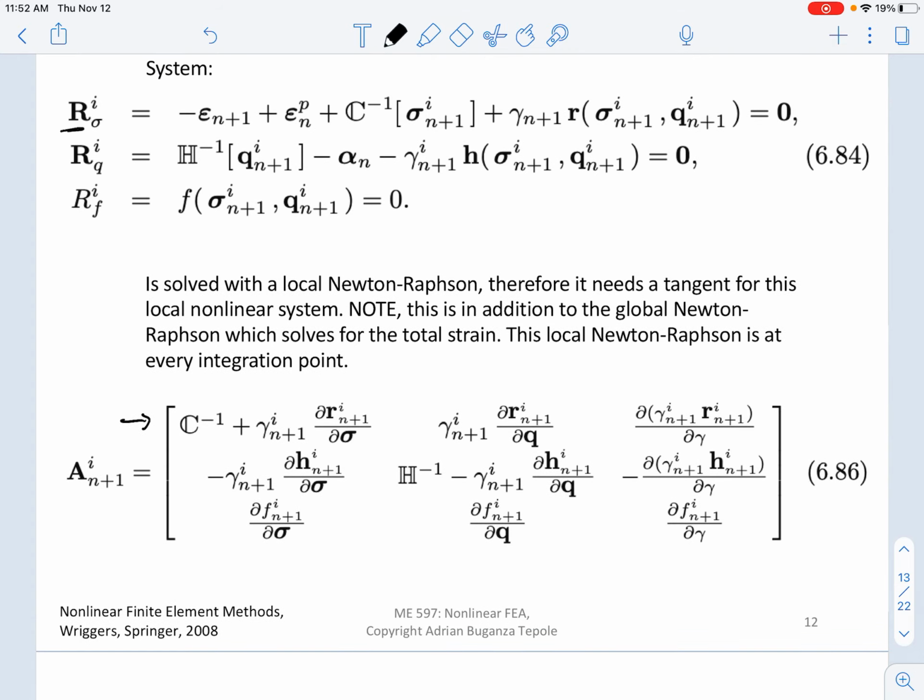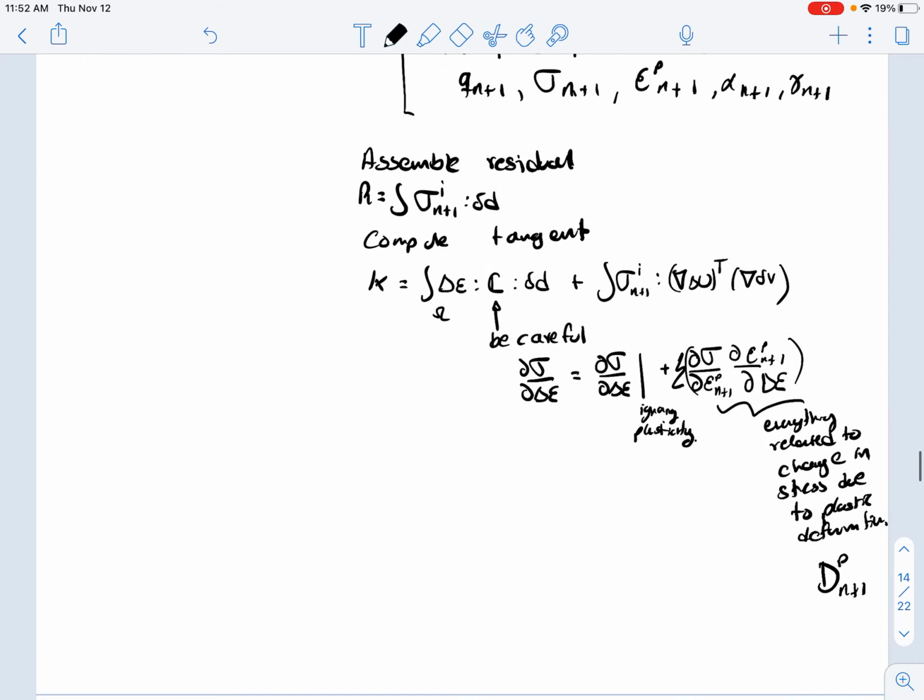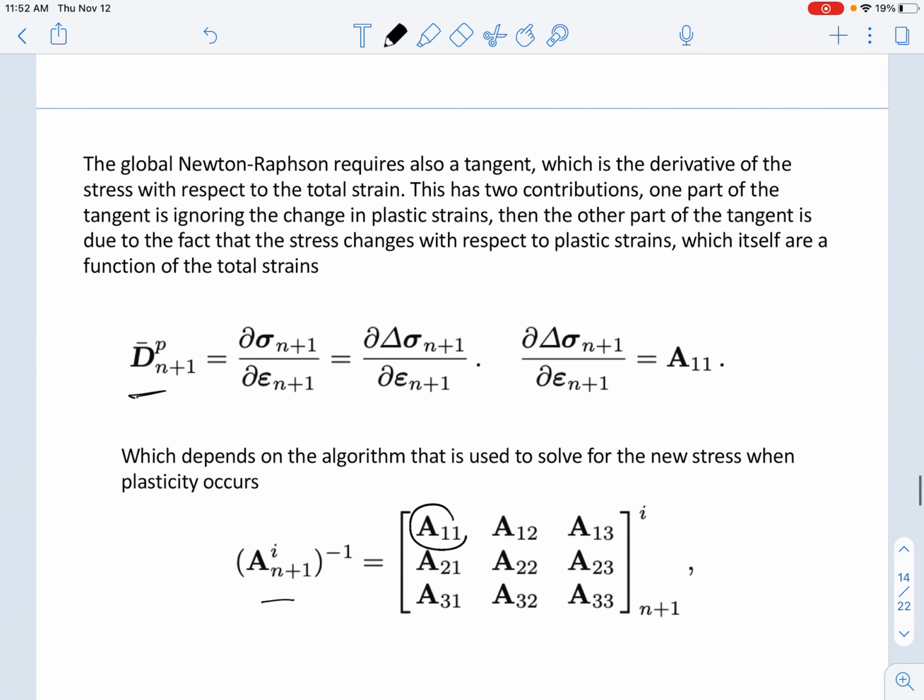So this is the residual for the stress equation, right? Which is the one that is used to get the new stress. And so here, this is the first entry in that local Newton-Raphson tangent. If you take the first entry, that is the one that you need for the global tangent.